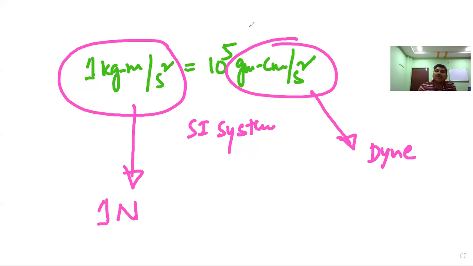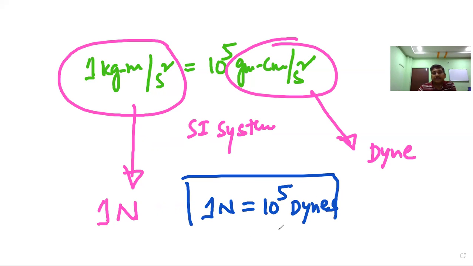That means the final conclusion is 1 Newton is equal to 10 to the power of 5 dynes.